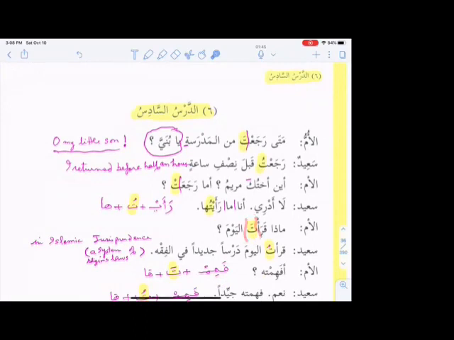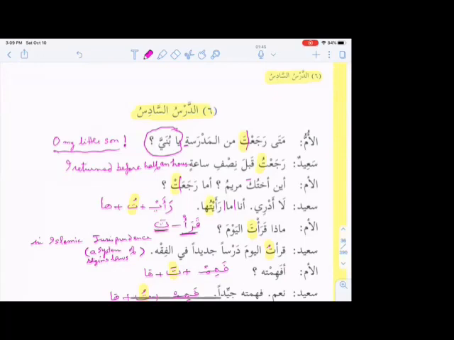Qara'a and then ta. Remember that. Al-yawma, today. Qara'a. This is the way you should break it down. Qara'a and then ta. See the fi'l madi, which is normally with fatha, but here it becomes mabni, fi'l madin mabniyyun bi sukun.